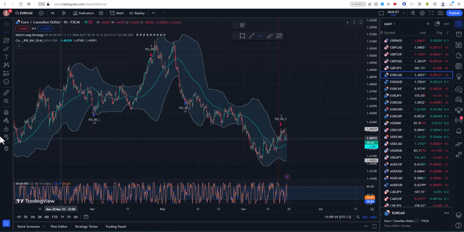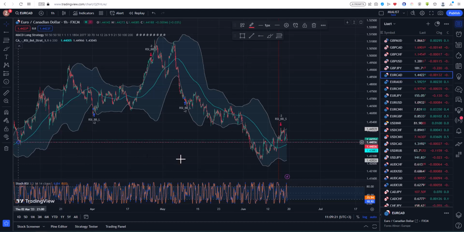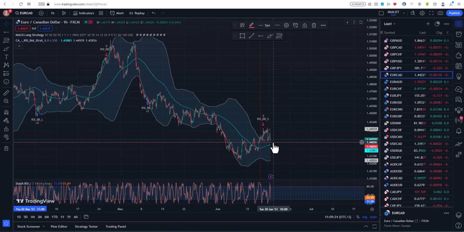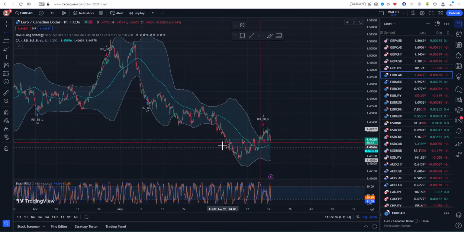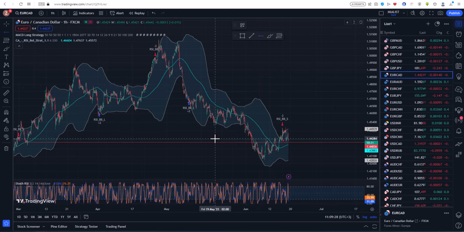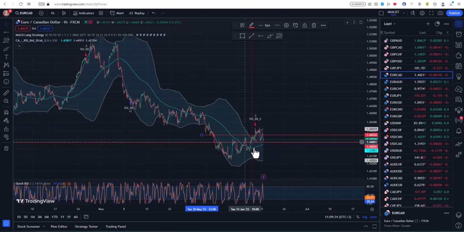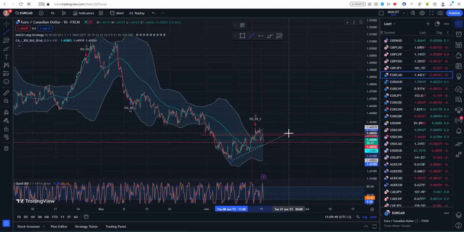I notice a small area where we are hitting, as well as a slightly higher area from which the price has reacted before. These two zones are of particular interest to us at the moment. Additionally, we have a minor upward trend that was happening here.